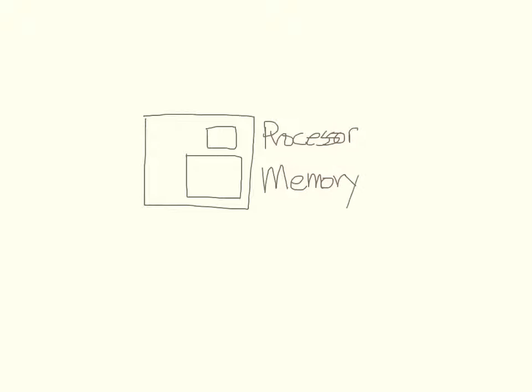You have a computing device that has a processor and some RAM. More the better. RAM we're going to refer to as memory. And then we have the processor. You could have a local hard drive connected in through the electronic bus.